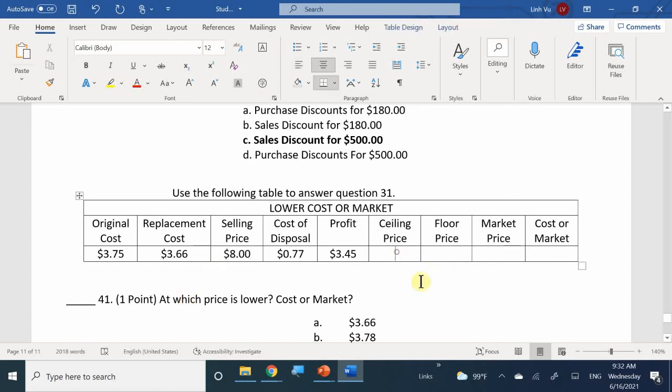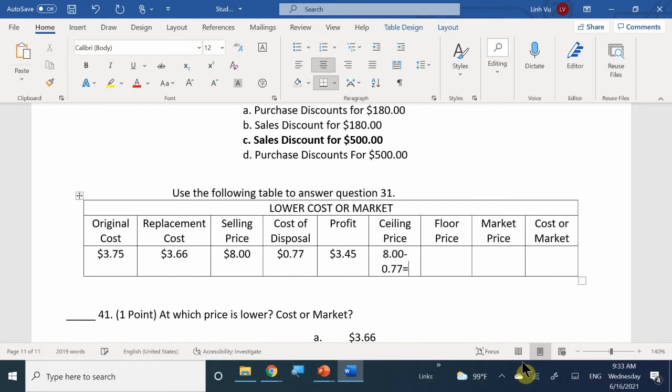How do I solve for the ceiling price? Do you take your selling price minus the cost of disposal to get the ceiling price? Good. So $8 minus 77 cents.